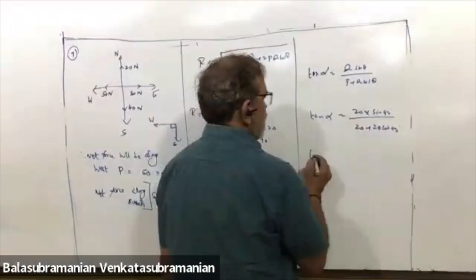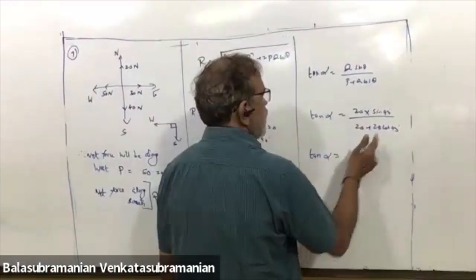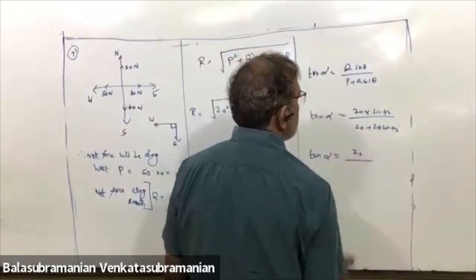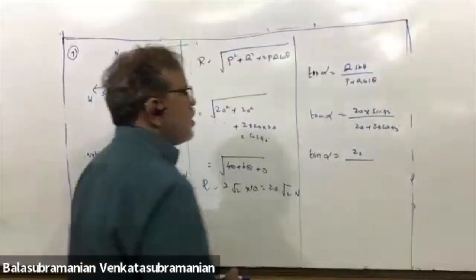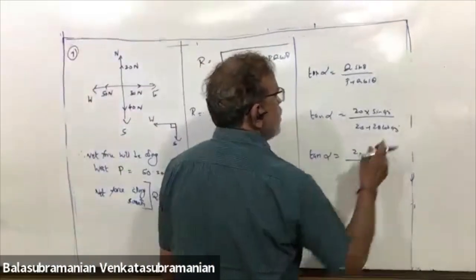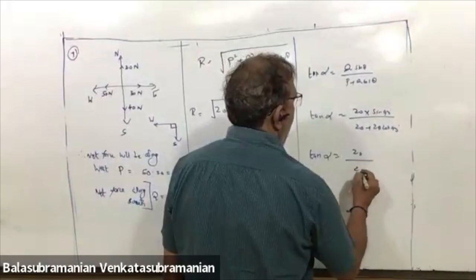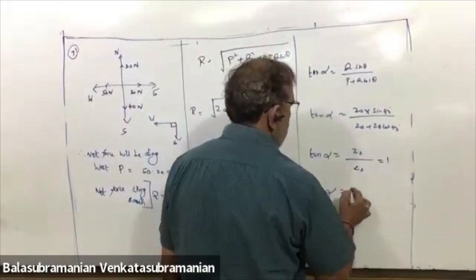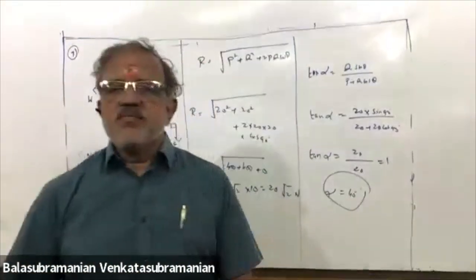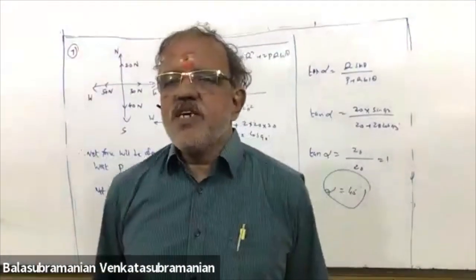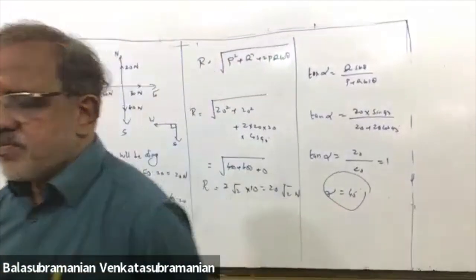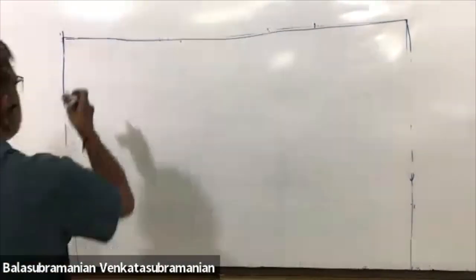So tan alpha is equal to 20 by 20, because cos 90 is 0. Tan alpha is 1. So alpha should be 45 degrees. Straight problem.